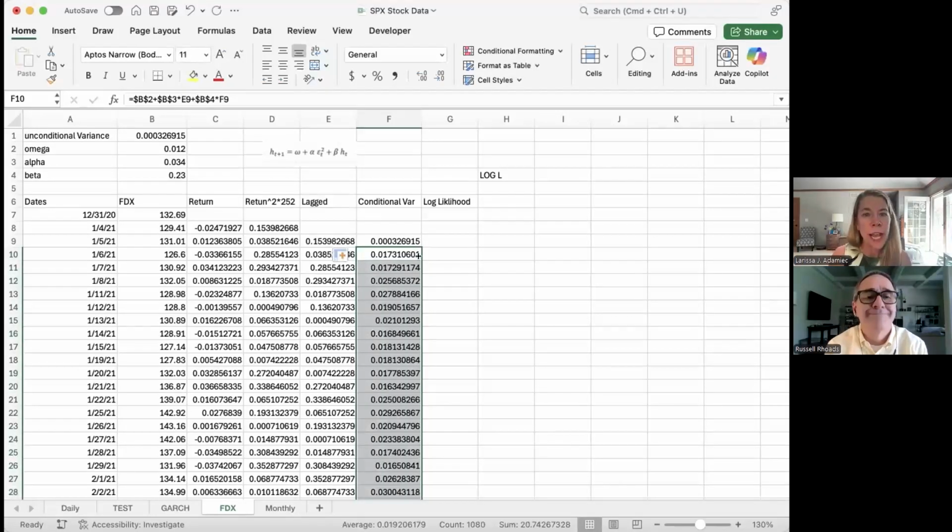Yay! So we have now all of our conditional variances. But remember, we put in dummy variables. So what we're going to use is a log likelihood function to minimize those squares.